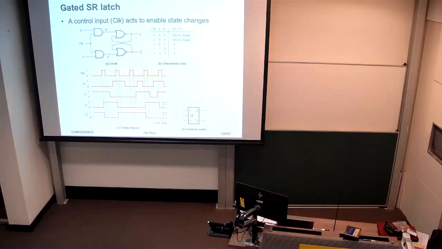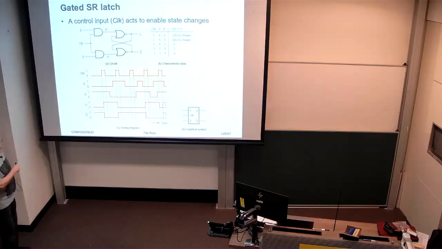This is a design that's identical in terms of the latch part over here, but we've added an AND gate to input with our R and S inputs to control the period at which those R and S inputs are seen by the latch via this so-called clock input. So for the period that the clock is high, whatever the R and the S values are seen here on R dash and S dash.